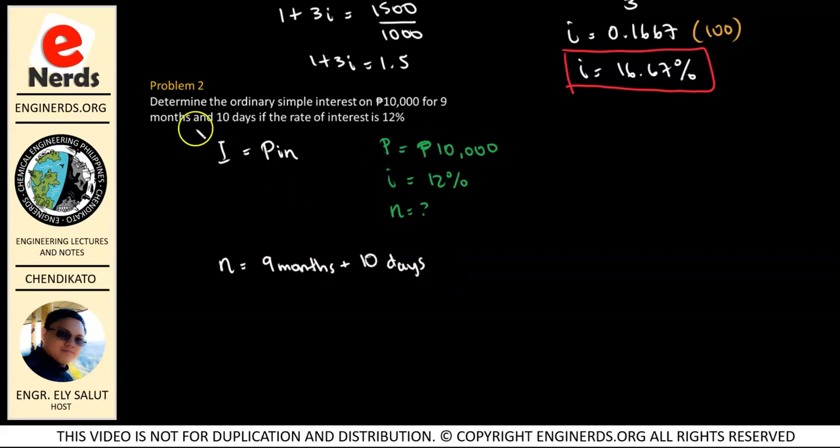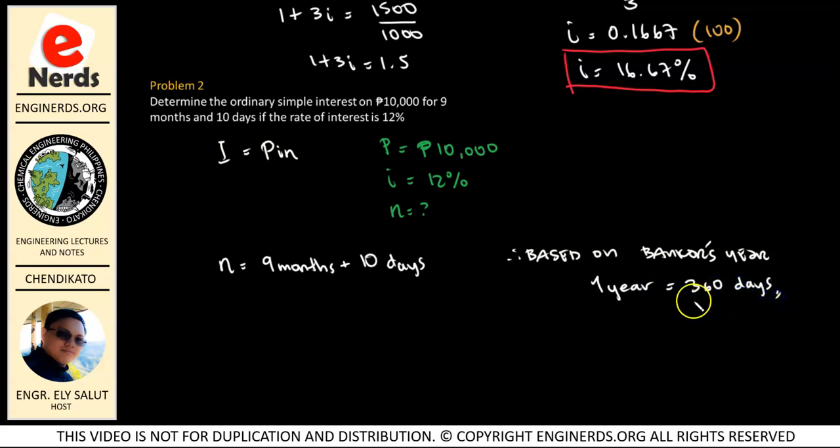So, walang binigay dito na anumang information kung exact simple interest ba ito, no? So, wala tayong magiging basis to consider exact. So, therefore, this will be based on the banker's year. Okay, anong ibig sabihin nun? Ibig sabihin nun, our 1 year is equal to 360 days.